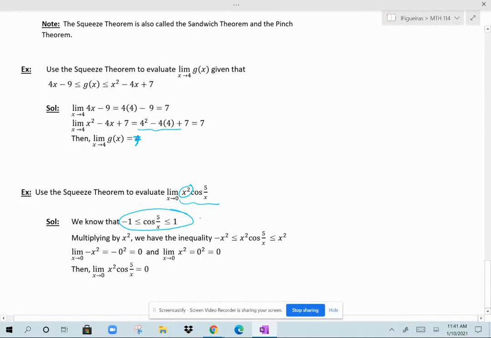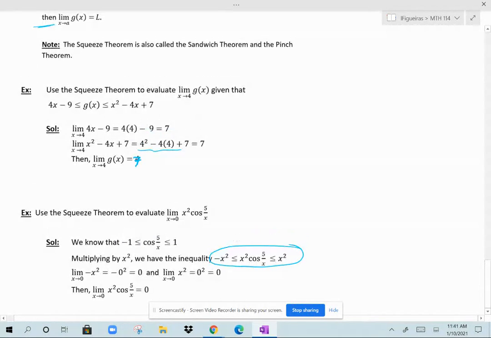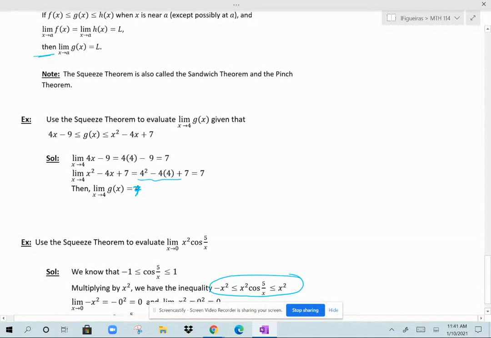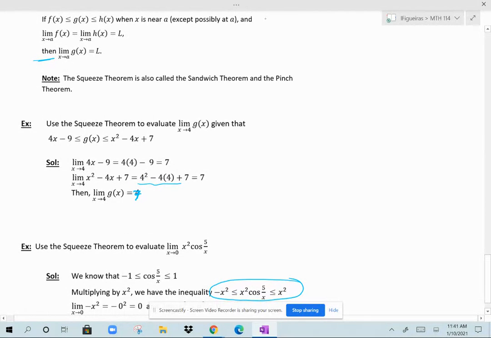So I'm going to multiply all three parts, the -1, the cosine, and the 1, by x squared, which gives me this inequality: -x squared is less than or equal to x squared cosine of 5 over x, which is less than or equal to x squared. That's actually the first condition in your theorem. You have to establish that inequality. So we've done that so far.